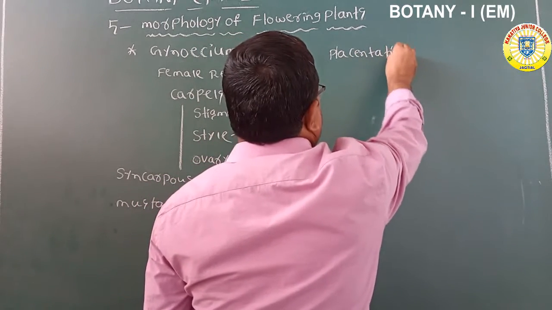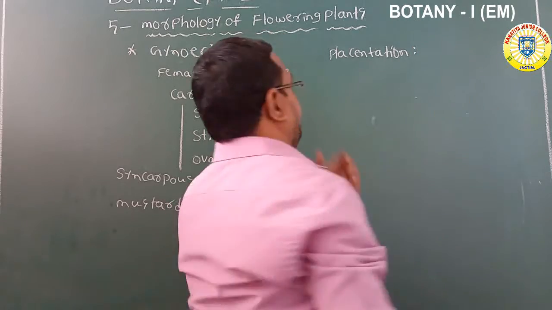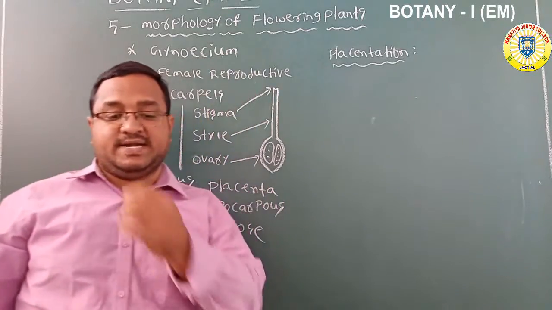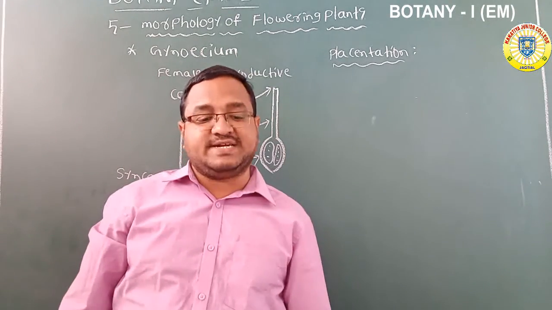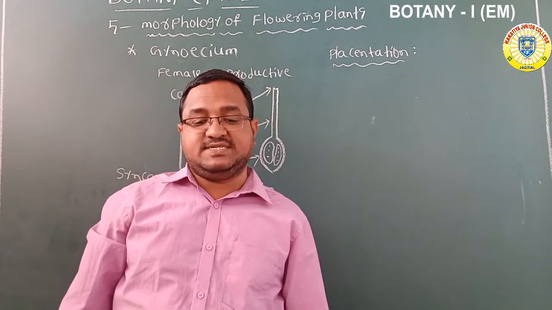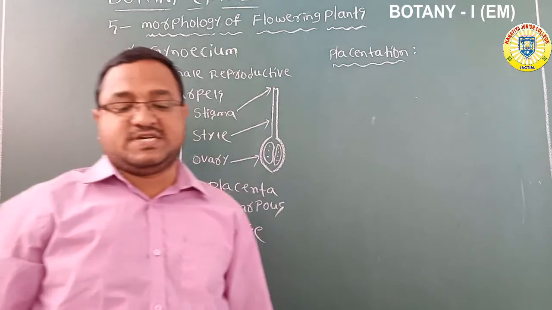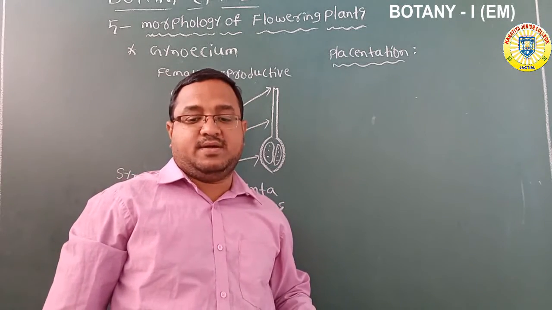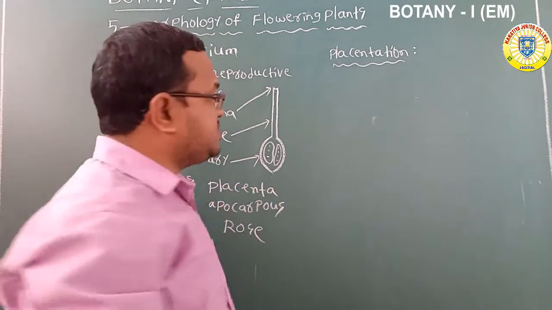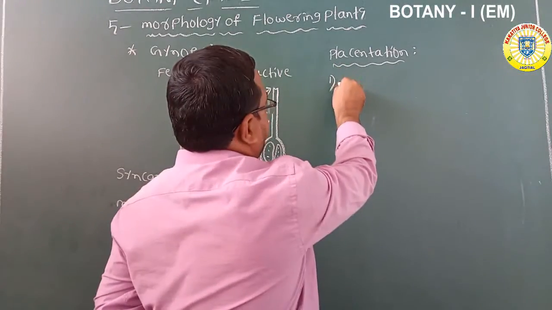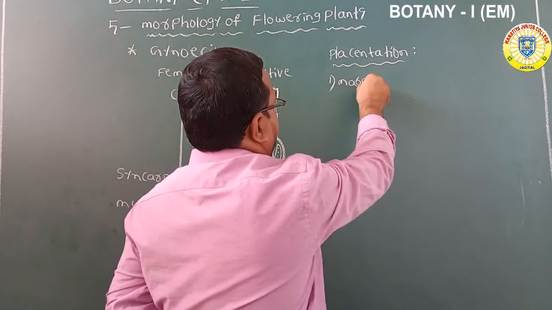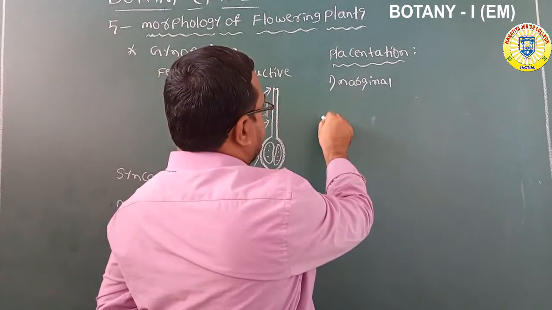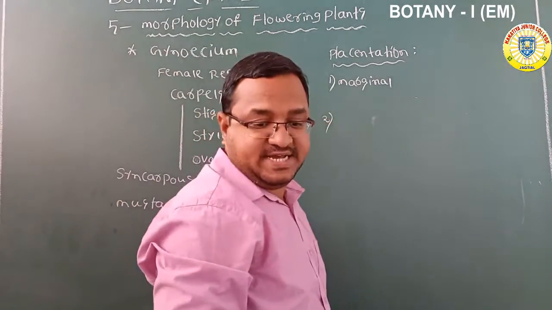Placentation means the arrangement of ovules within the ovary. There are different types of placentation, nearly five types. The first one is marginal placentation. Second is axial placentation.